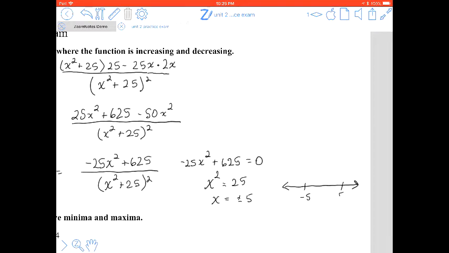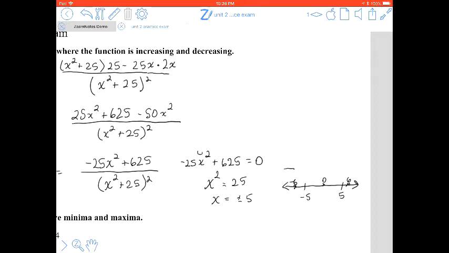So as we've done many times here in Chapter 3, we put the critical numbers on a number line and test some test points like 0, negative 6, positive 6. So if I plug in a negative 6 for x and run it through that equation, we'd end up with a negative value.